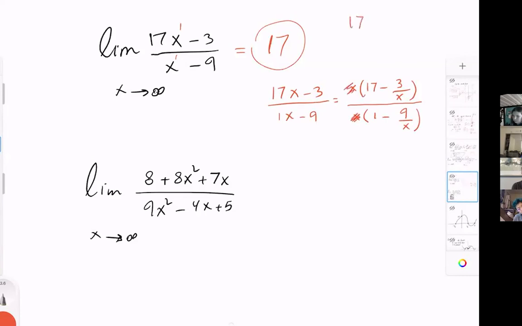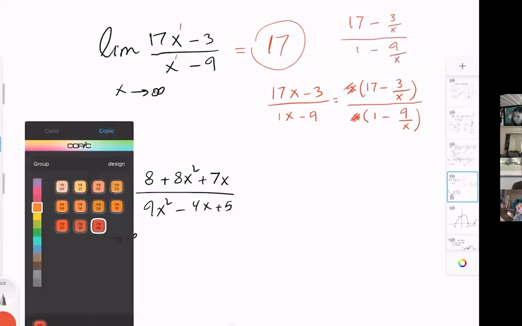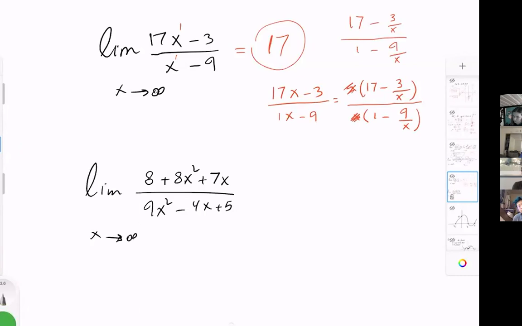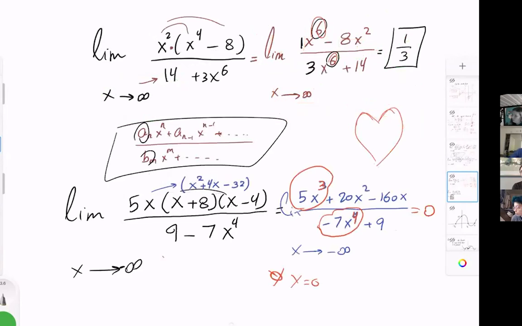Now I have 17 minus 3 over x, over 1 minus 9 over x. X goes to infinity, so 9 over a big number goes to 0, and 3 over a big number goes to 0. All we're left with is coefficient over coefficient. That's the rule for the coefficient over coefficient. That's the logic behind it.